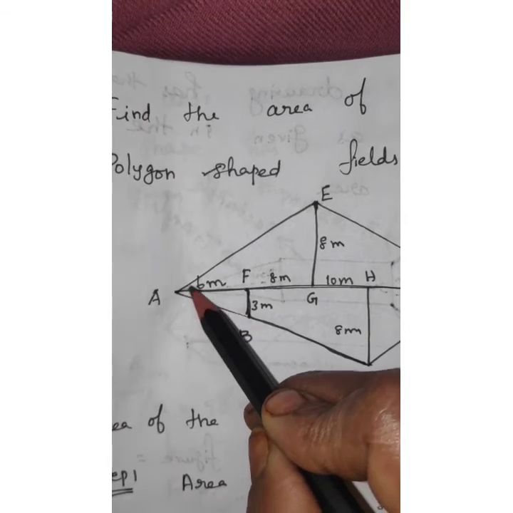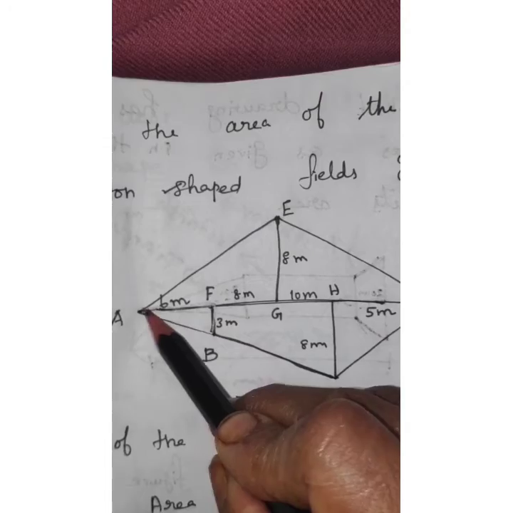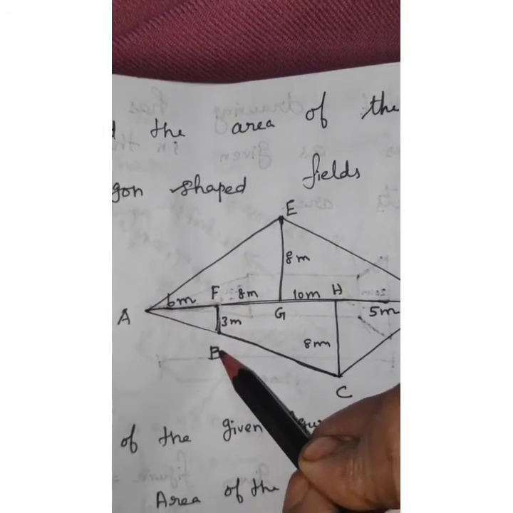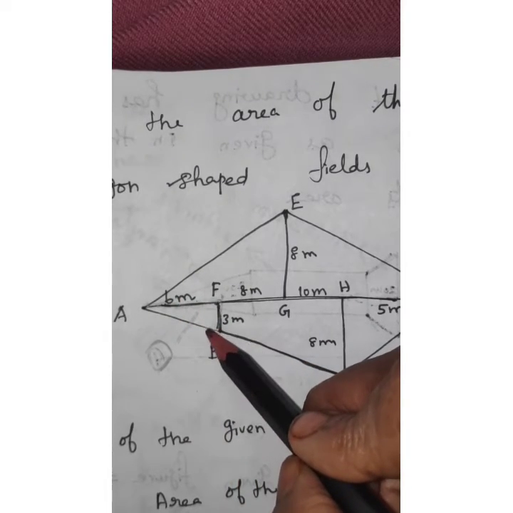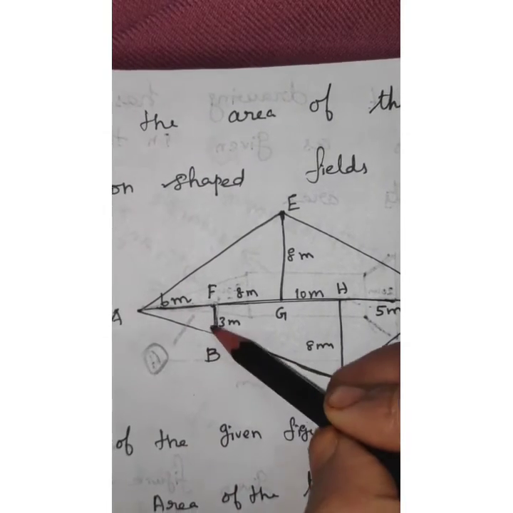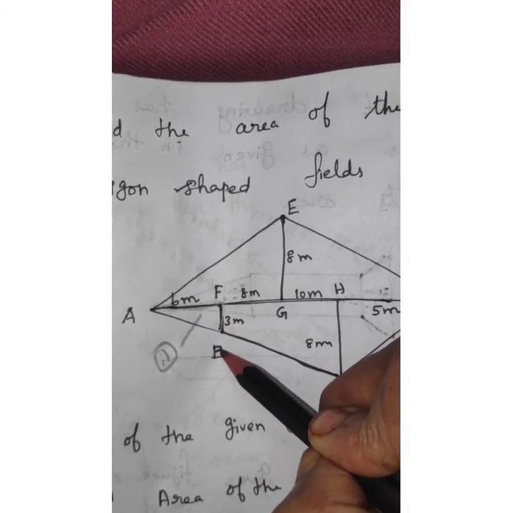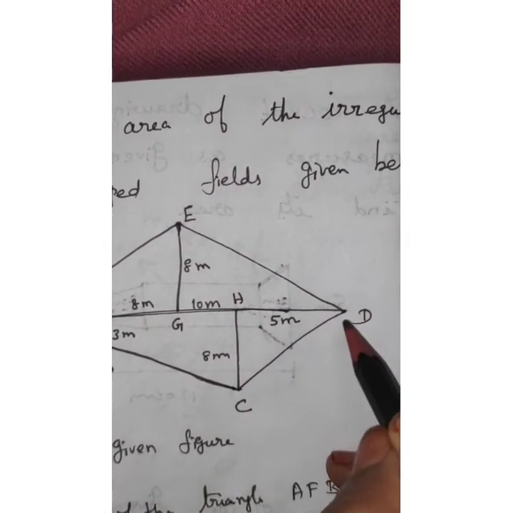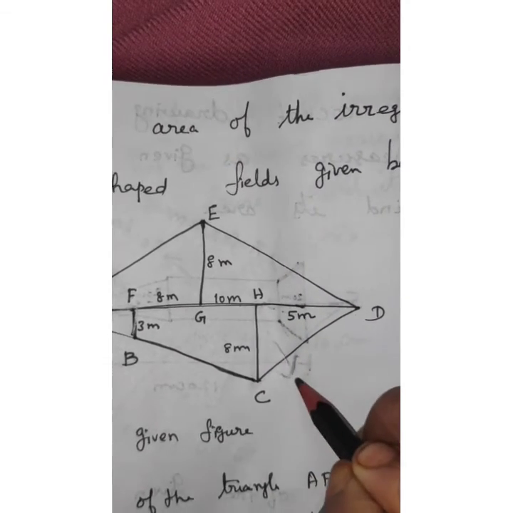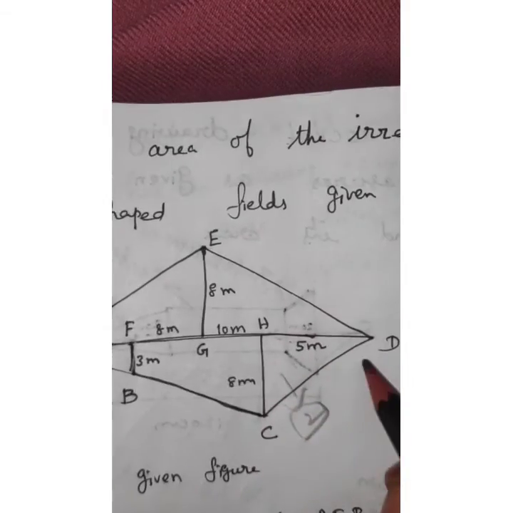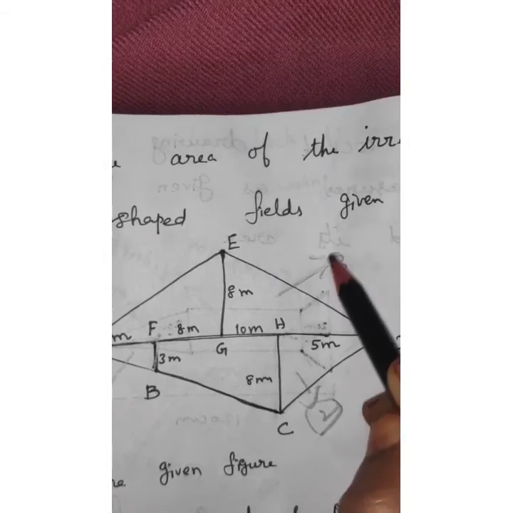See there, this one line is drawn. Triangle AFB is the first triangle. First find its area. Area of the triangle, what is the formula? 1 by 2 into B into H. Second, DHC is also a triangle. Next, EGD is the third triangle.